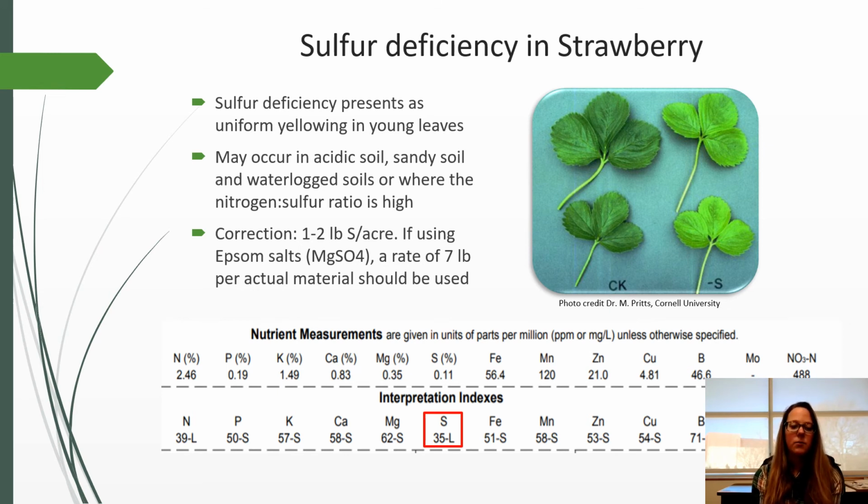As you can see with the report at the bottom of the screen, the sulfur has an index of 35, which is low. So the corrective action here would be to use Epsom salts at a rate of 7 pounds an acre. If magnesium and sulfur happen to be low together, Epsom salts can be applied to kill 2 birds with 1 stone.